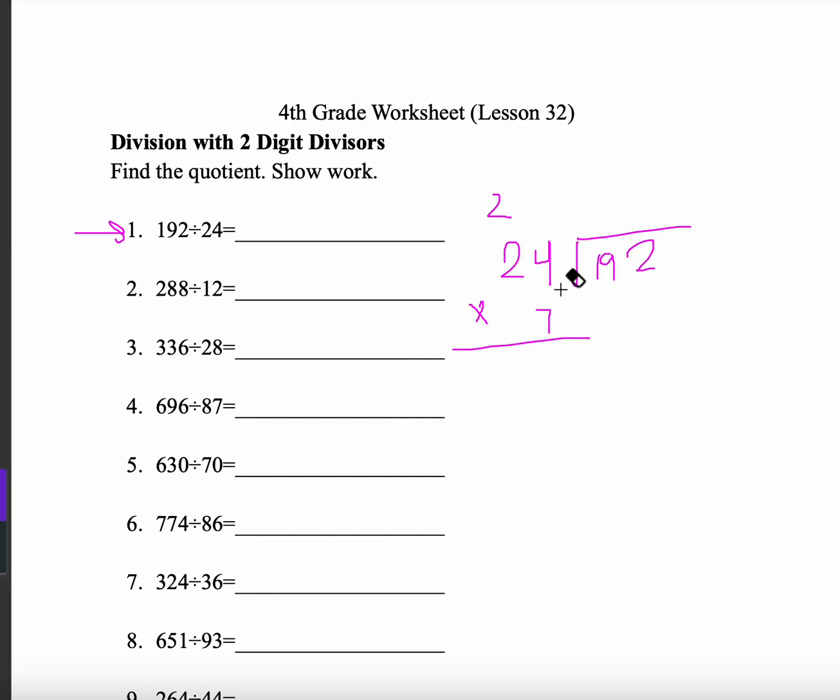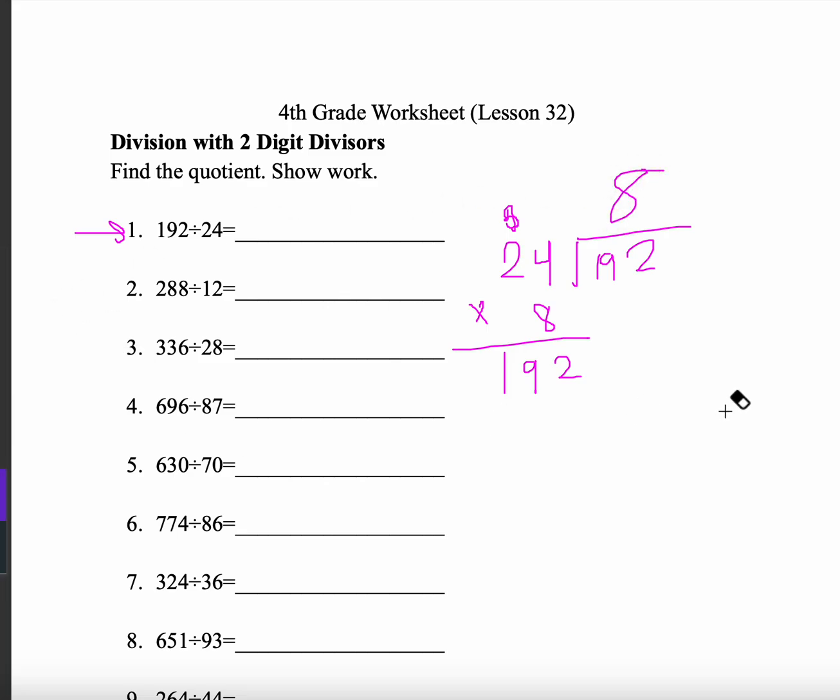So let's try 24 times 8. Here we have 32, and then 2 times 8, which is 16, plus 3, which is 19. So there we get exactly 192.